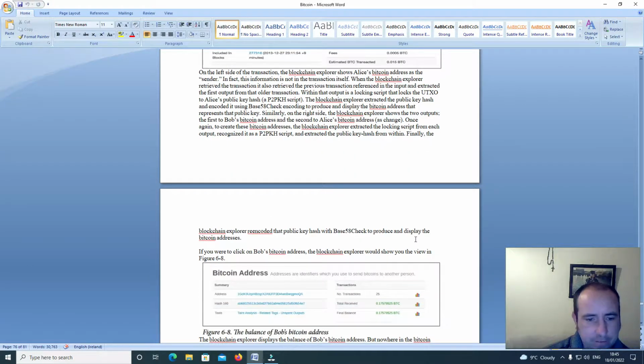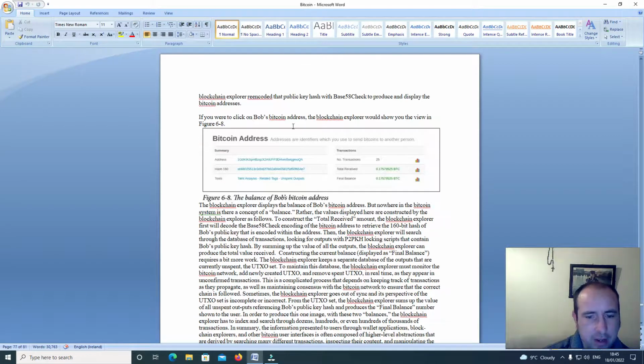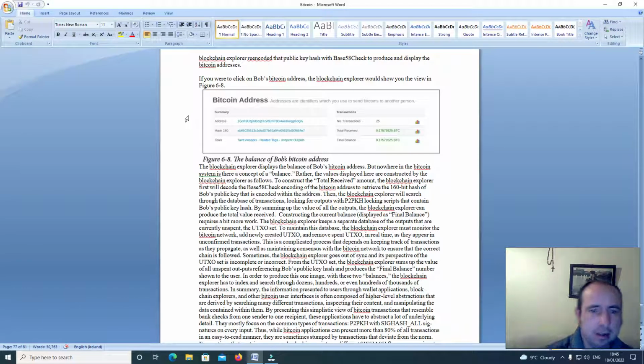Finally, the Blockchain Explorer re-encoded the public key hash with the base 58 check to produce and display the Bitcoin address. If you were to click on Bob's Bitcoin address, the Blockchain Explorer would show you the view in figure 6.8.